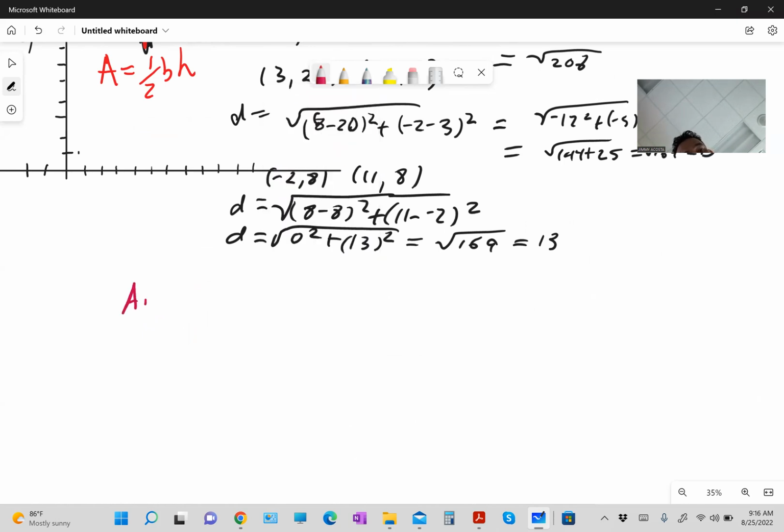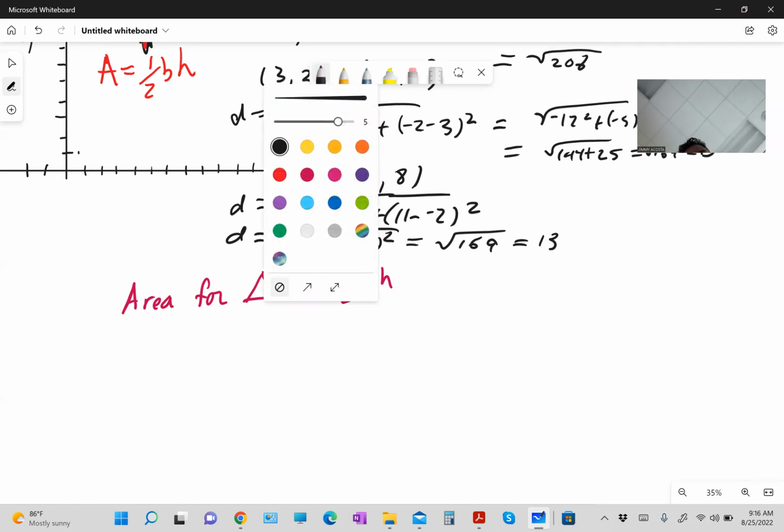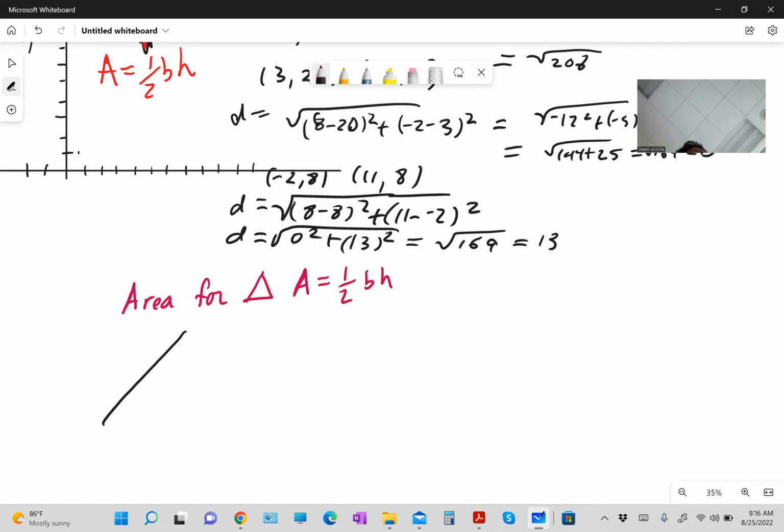So the area for a triangle is half base times height. In this case, we have a triangle, and I'm going to sketch it this way, that has 13, 13, and then this side here, square root of 208.